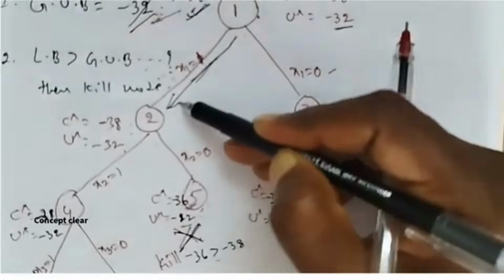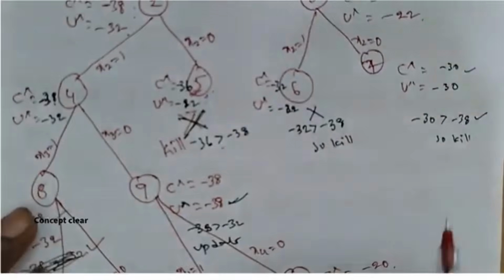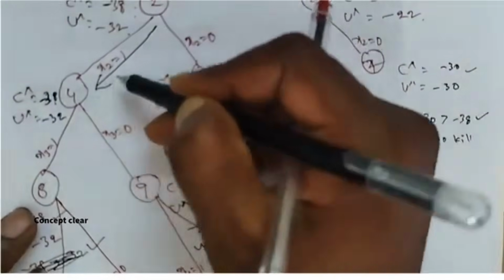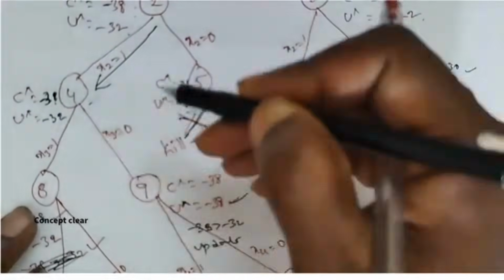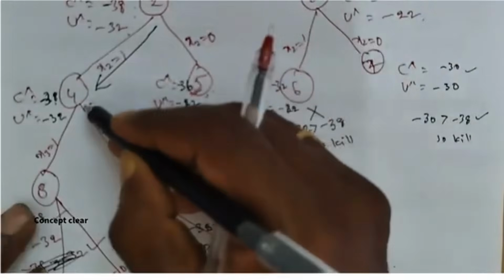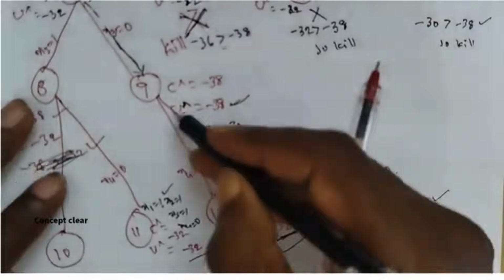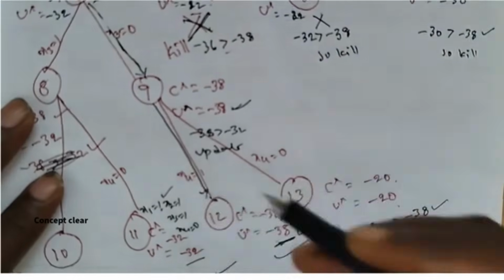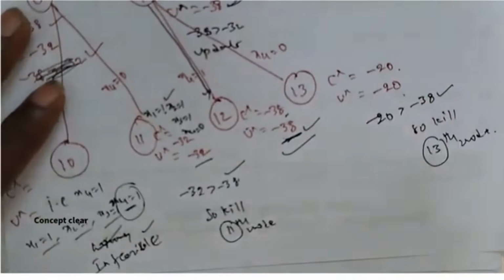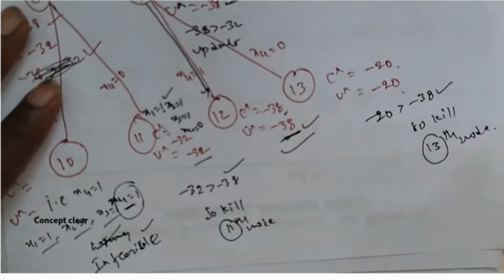So it is the path: x1 equals 1, then to reach 4, x2 equals 1, then x3 equals 0, then x4 equals 1. So what is the solution? x1 equals 1, x2 equals 1, x3 equals 0, x4 equals 1.